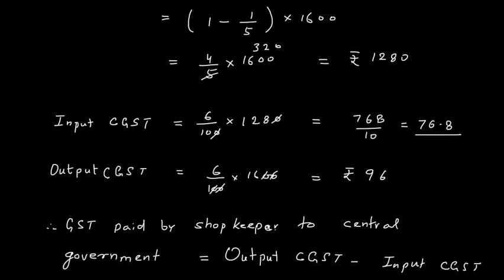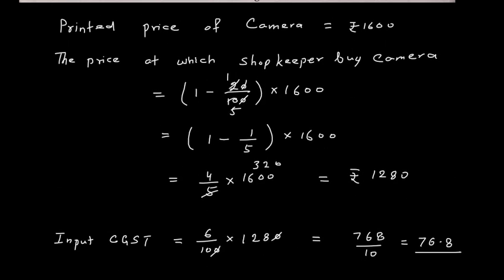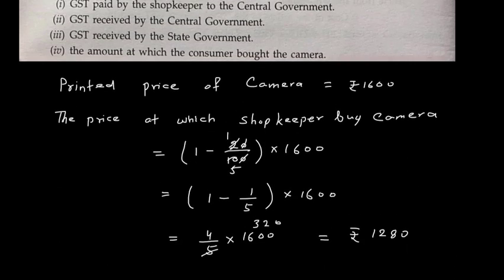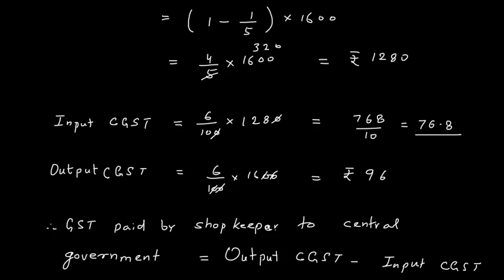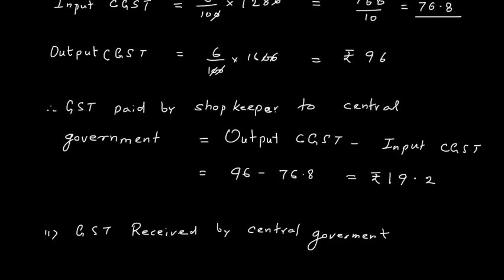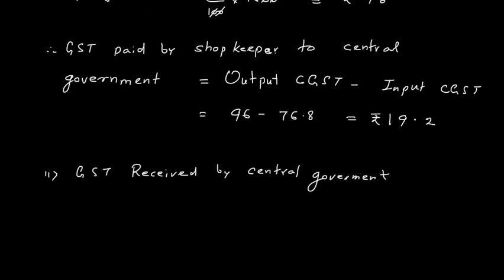Initially the GST amount of 76.8 he will receive, and then this difference he has received. So total 96, output CGST, was the total amount received by the central government. So GST received by the central government is rupees 96.